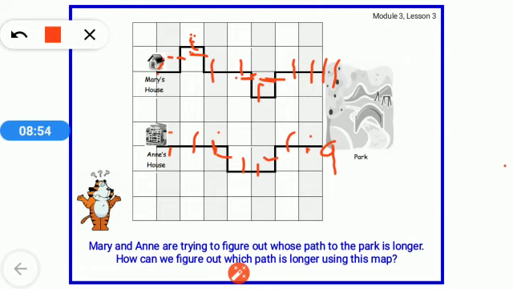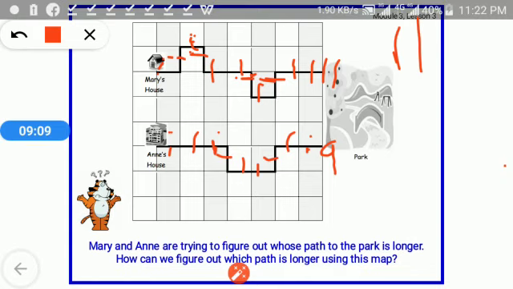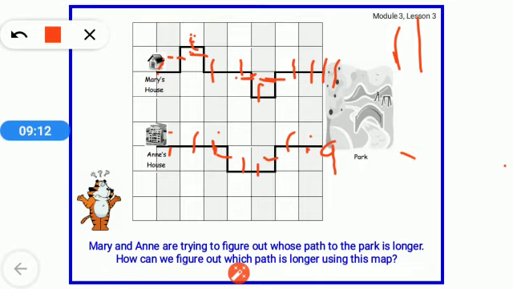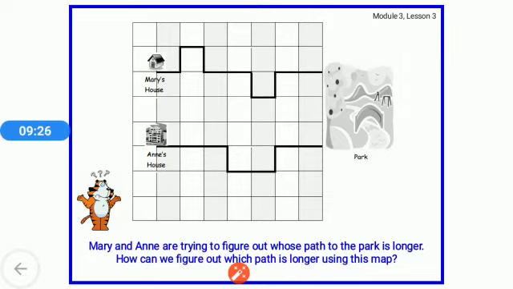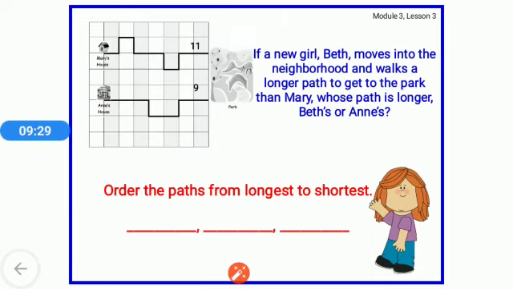So, can you tell me whose path is longer? Is it Anne or Mary? Remember, Mary walks 11 blocks and Anne 9 blocks. So, whose path is longer? Mary, good. Mary, 11 blocks.